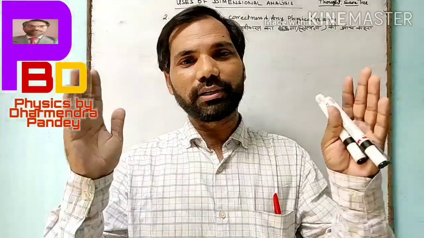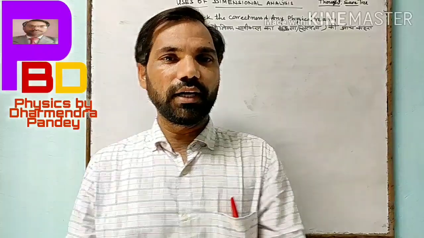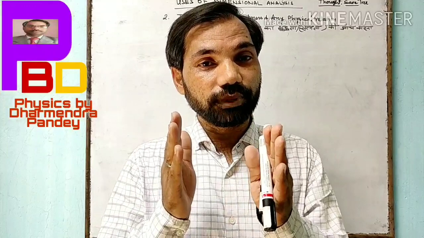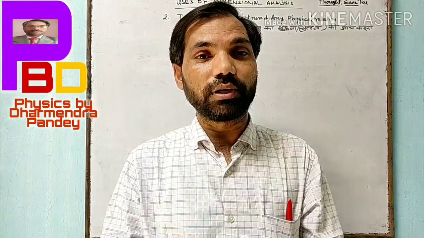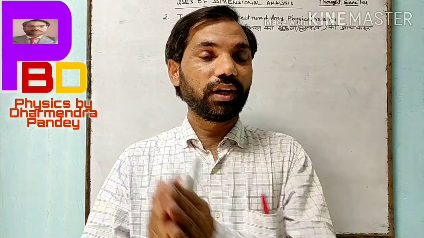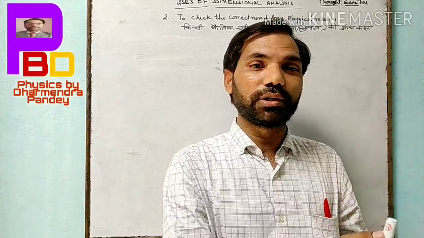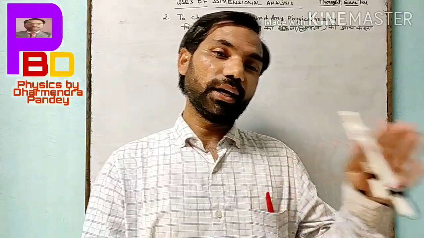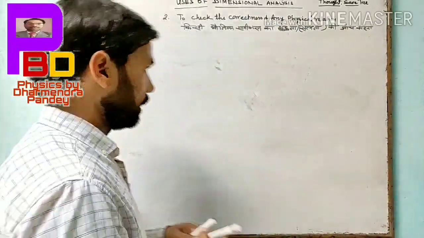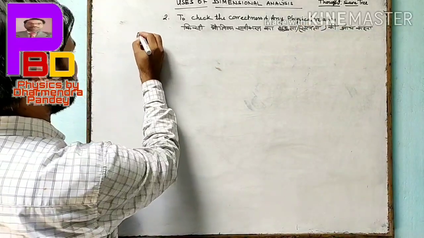It means if we have a physical relation, it has a left hand side and a right hand side, and in the left hand side, suppose you have more than one term, the dimensions of all fundamental quantities in each term on the left side will be the same. Similarly, the dimensions of all fundamental quantities on the right side of the physical relation will also be the same. So let us write the principle of homogeneity.